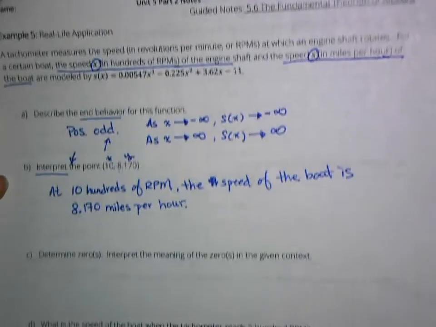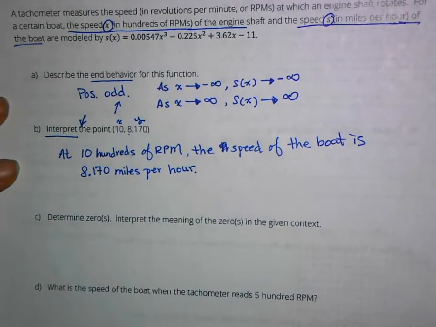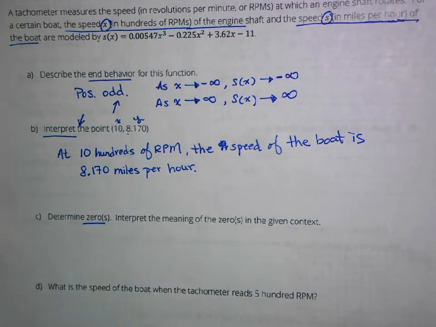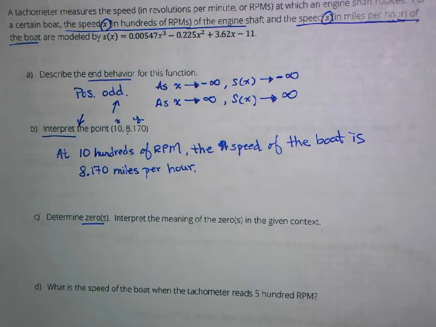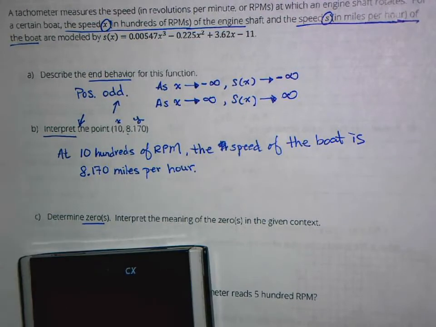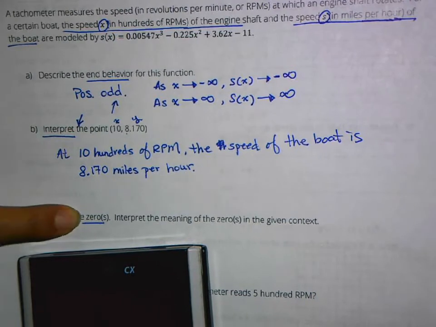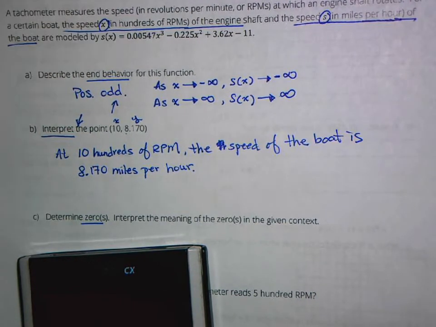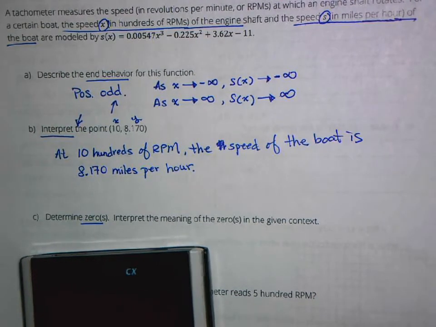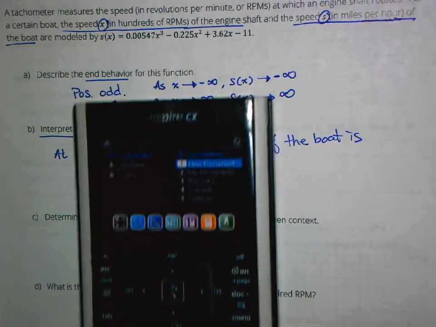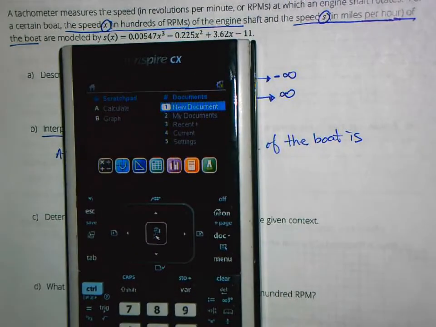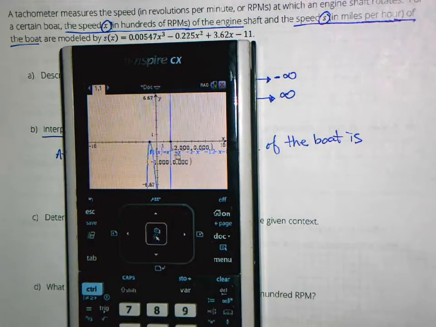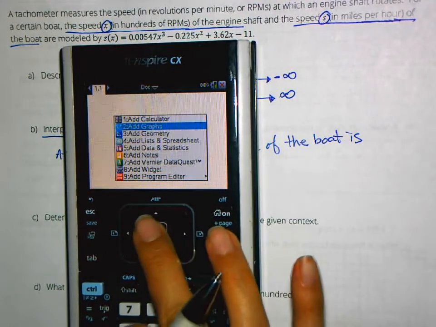All right, now it's about to get interesting. It says determine the zeros. Since this is a calculator problem, I go immediately to my calculator. Since I'm looking for zeros, I know I need to graph that equation. I'm going to go to a new document, don't save it, add a graph.